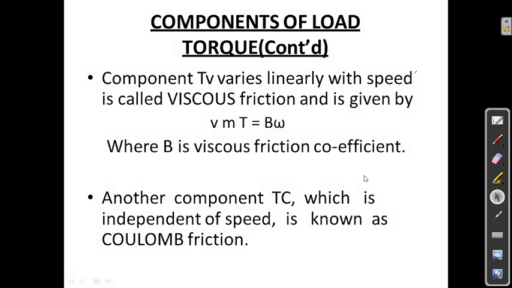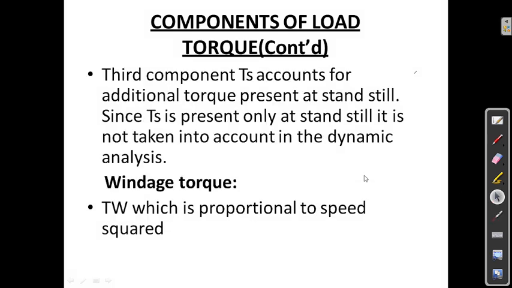The same applies to the third component, TS, which accounts for the additional torque present at a standstill. Standstill means the torque is independent of, or linearly varying with, the speed. Since TS is present only at a standstill, it is not taken into account in dynamic analysis.